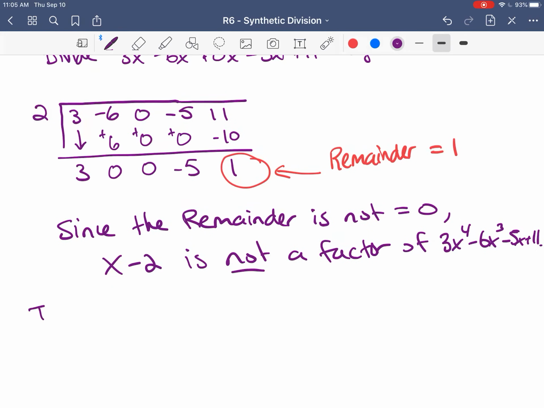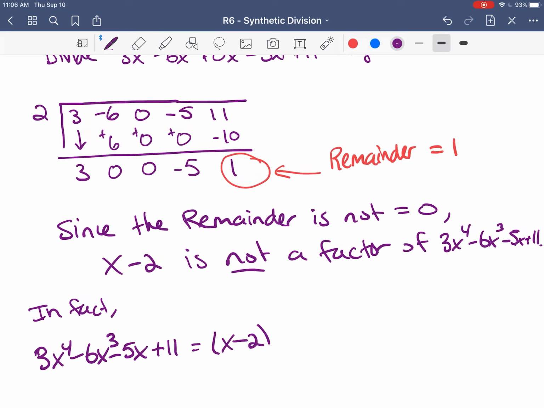In fact, it should be that 3x to the 4 minus 6x cubed minus 5x plus 11 is equal to x minus 2 times the quotient, which is x cubed, x squared, x, and the constant.